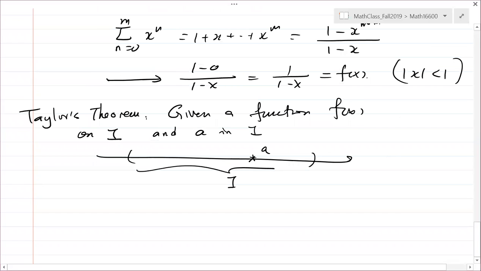So we're trying to find a power series representation for the function. We assume it's a differentiable function over the whole interval. I want to find the power series representation for the function nearby a.